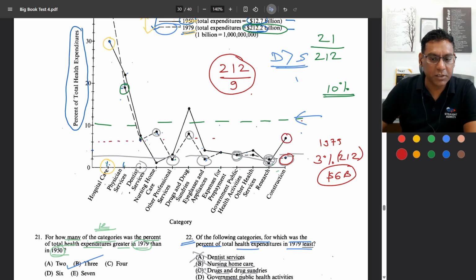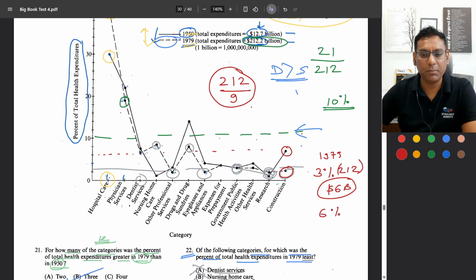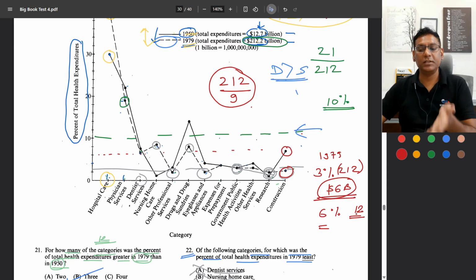This is 6%, right? So it was double, 6%, but of a very small number, that is $12 billion. So that's going to be much smaller, whatever that number is. 6% of $12 billion is going to be definitely less than $6 billion, because $6 billion is 50% of $12 billion, and I'm talking about 6% of 12 billion.